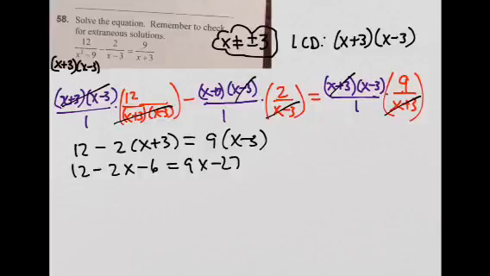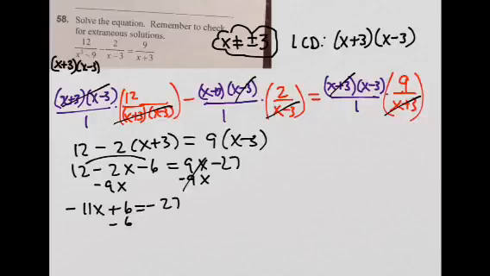We're going to subtract 9x. And so that gives me, and then combine these two, so that's going to be negative 11x plus 6 equals negative 27. We're going to subtract 6. So we have negative 11x equals negative 33.